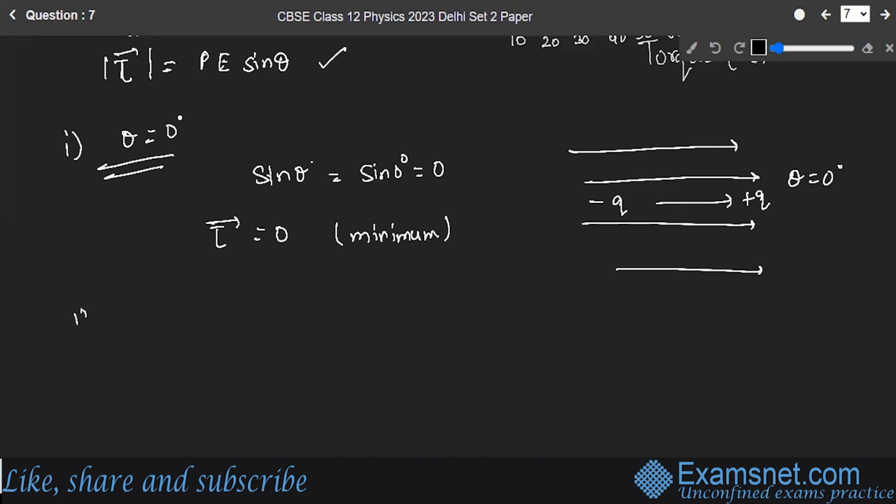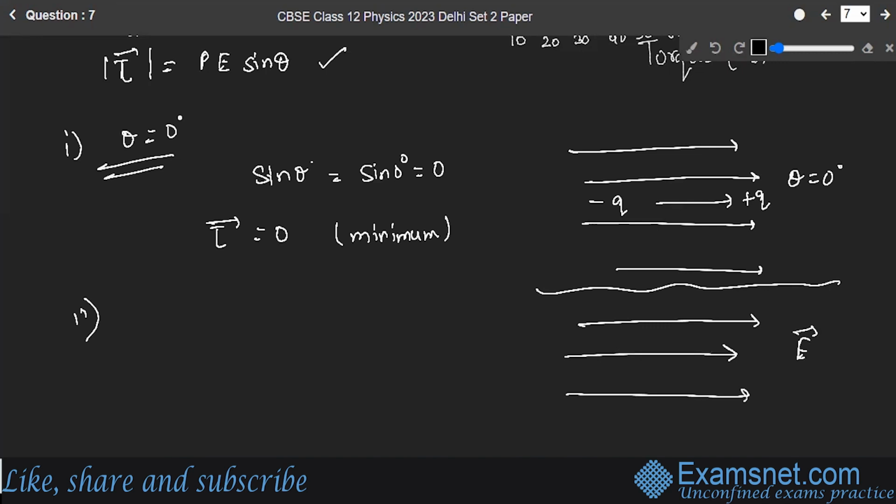And then in the second case, this is the direction of the electric field, and here the charge is flowing from minus q. From here, this is flowing in the upward direction, plus q. So this is your 90-degree angle in that case. So theta is equal to 90 degrees, sine theta is equal to sine 90 degree, which is equal to 1.